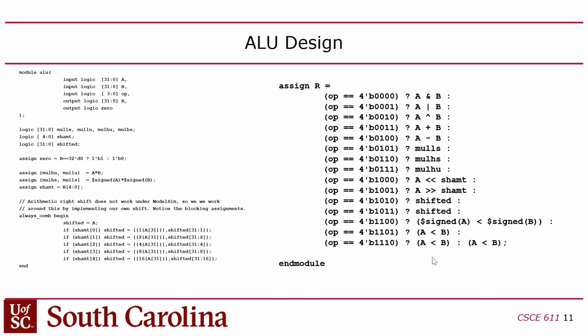So if you do a multiply operation, or even a less than, it's treated as unsigned. So if you wanted to treat it as signed, you have to typecast it as signed. So we had to do that for the signed multiply high, as well as the signed less than comparison operation.